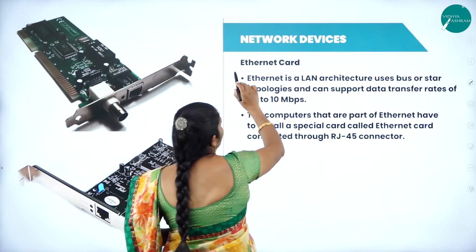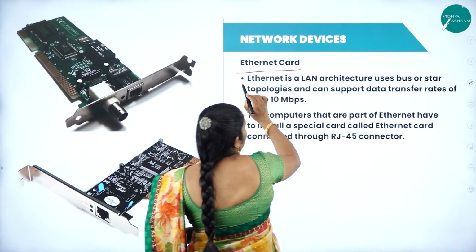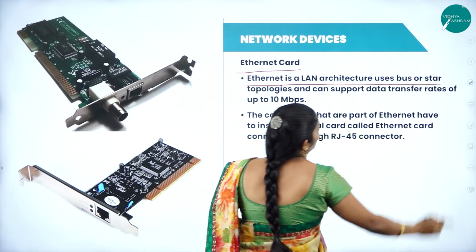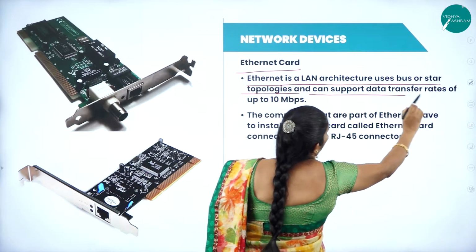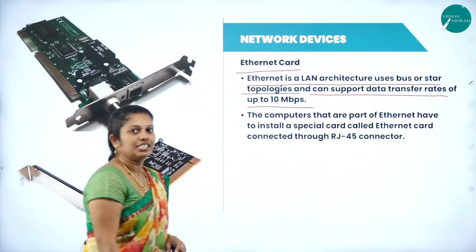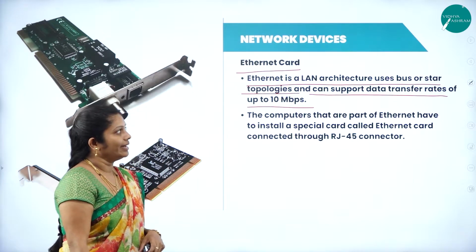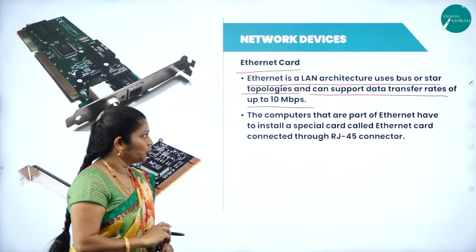Next we will move on to the Ethernet card. What do you mean by this Ethernet card? Ethernet is a LAN architecture, uses bus or star topologies and can support data transfer rates up to 10 megabytes per second. It is mainly used in bus as well as star topologies.